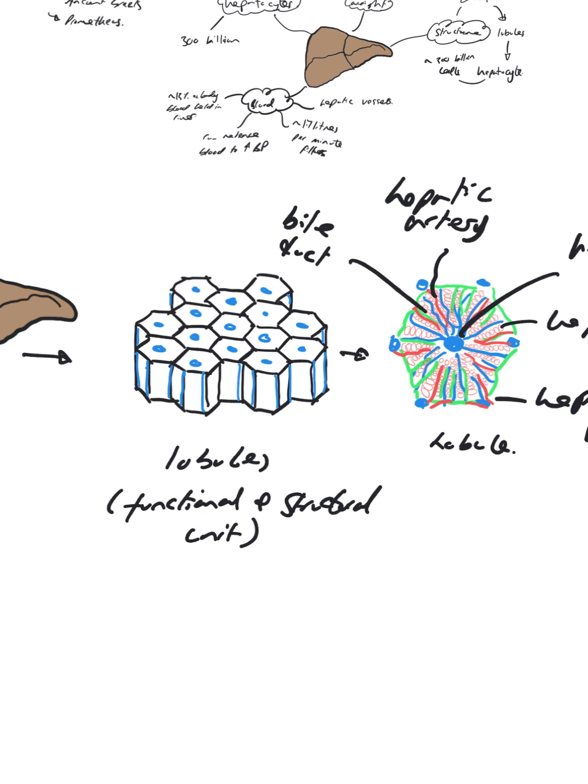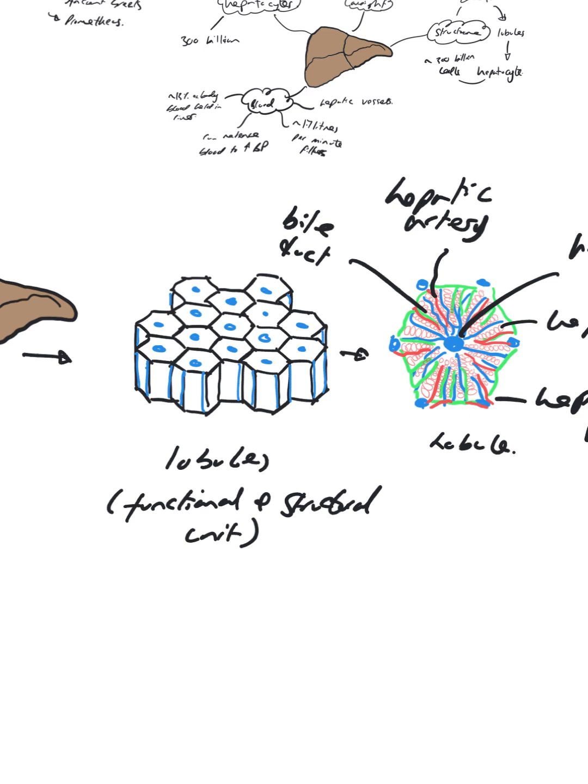This creates the interlobular network of channels, and those drain the bile that's produced by the hepatocytes, and that will then drain down into the bile ducts, and those bile ducts run around the outside. So we actually need to improve upon our labels, because where I've labelled that at the moment is technically going to the canaliculus, whereas the bile duct would be running around the outside of this.